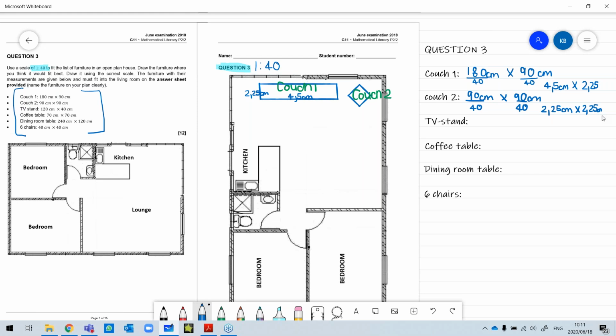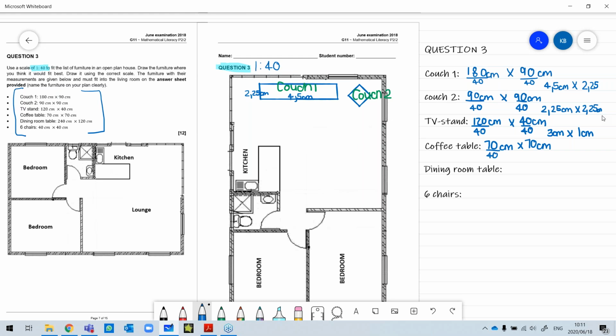Okay, let's continue with the rest of the furniture. The TV stand has dimensions 120 centimeters by 40 centimeters. Divide each measurement by 40, which is going to give you 3 centimeters by 1 centimeter. Okay, the coffee table has dimensions of 70 centimeters by 70 centimeters.